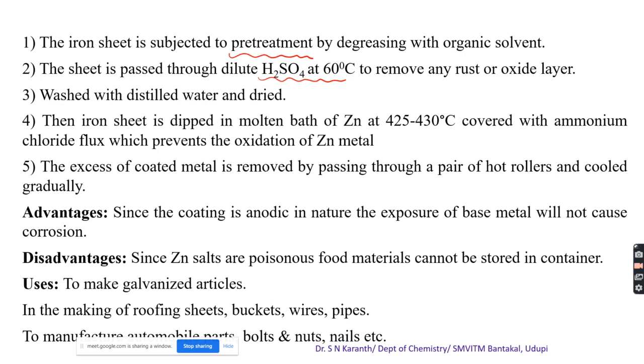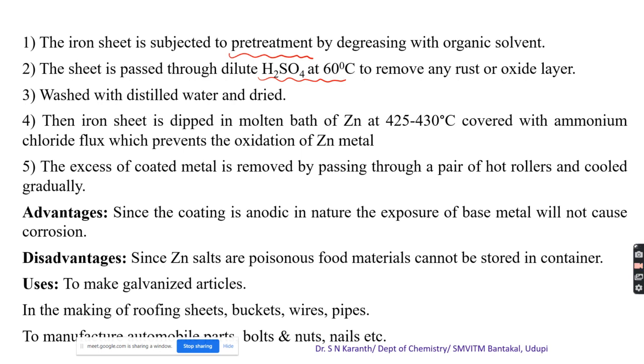The iron sheet is dipped in a molten bath of zinc at 425 to 430 degrees Celsius, covered with ammonium chloride flux, which prevents the oxidation of zinc metal. The excess coated metal is removed by passing through a pair of hot rollers and cooled gradually. The main advantage is that since the coating is anodic in nature, exposure of the base metal will not cause corrosion.